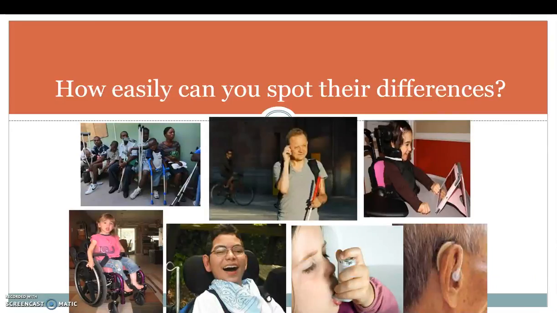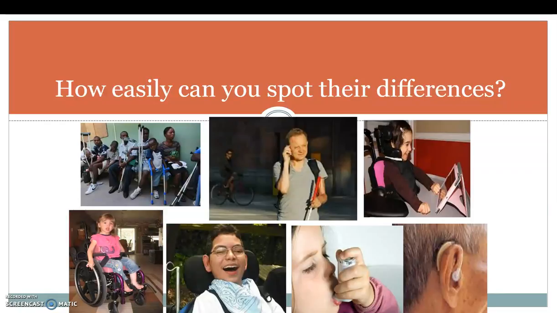As we begin, I invite you to look at these pictures and think about how easily you can spot their differences. In all of the pictures shown, you are able to identify that these persons have some sort of special need, yes? And some of the disabilities are more recognizable than others.